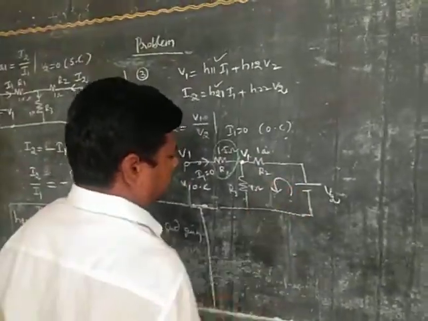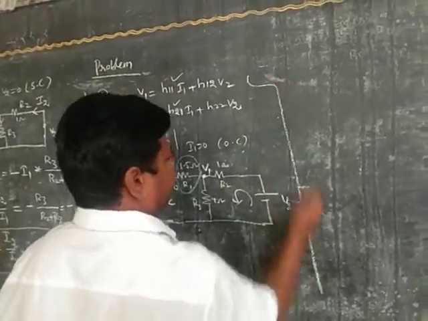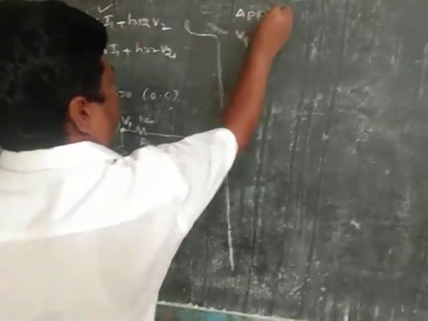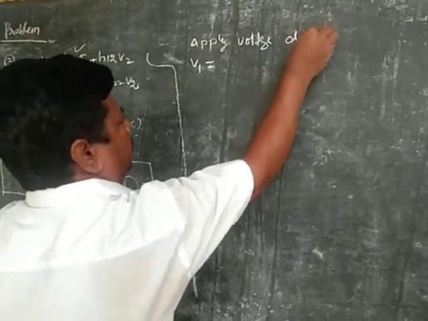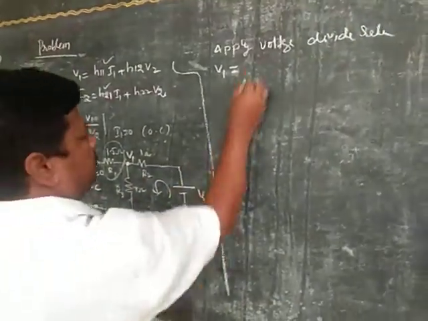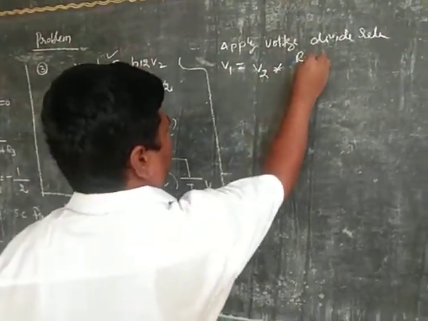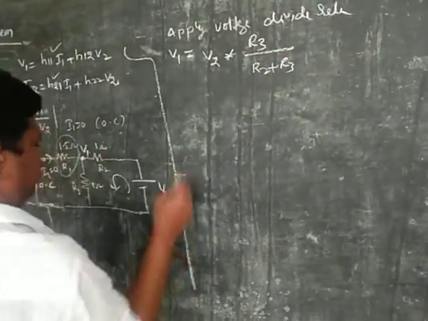Now apply voltage divide rule. V1 is equal to V2 into R3 by R2 plus R3.